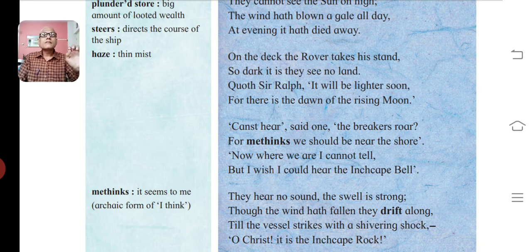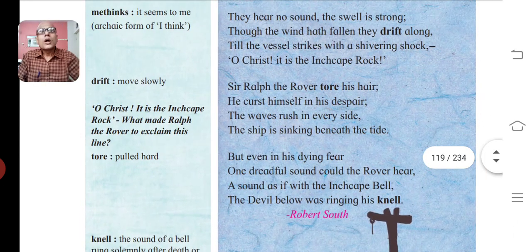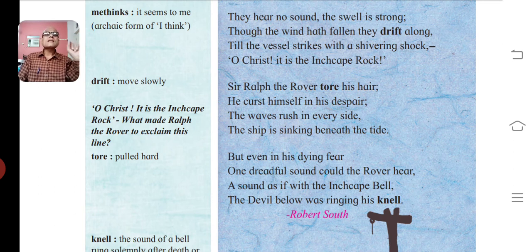Now see the next line. Oh Christ, it is the Inchcape rock. Here the figure of speech is apostrophe. Here Jesus Christ, who was not actually present there, is addressed directly. What is apostrophe? When in a line of the poem a dead person or an absent person or object is addressed directly as if present in front of the speaker, at that time there is apostrophe.